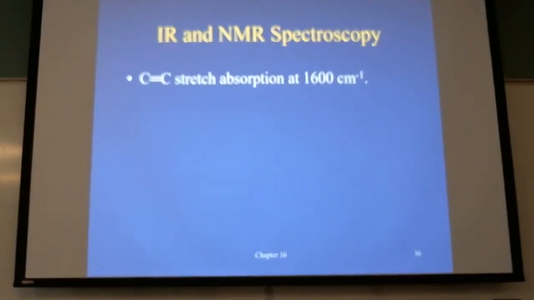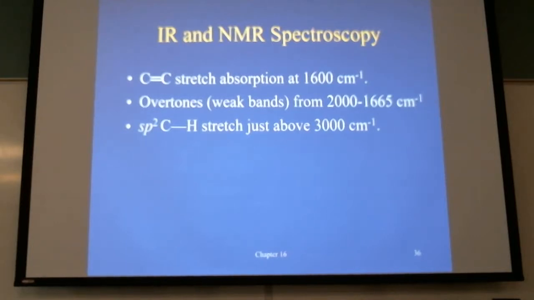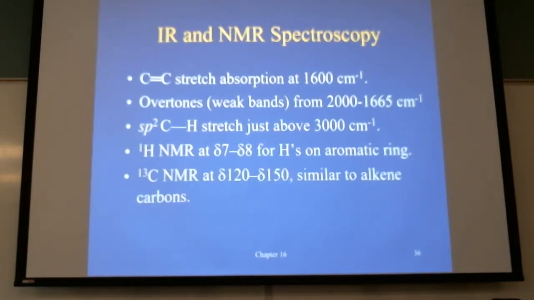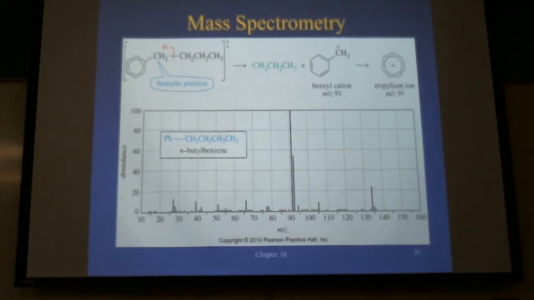Of course, if you're talking about an aromatic ring, we have your C=C stretch at 1600, the overtones, and then of course the sp2 carbon-hydrogen stretch at about 3100. Okay. Proton NMR, they're going to come between 7 and 7.5 ppm. Carbon NMR between 120 and 150.